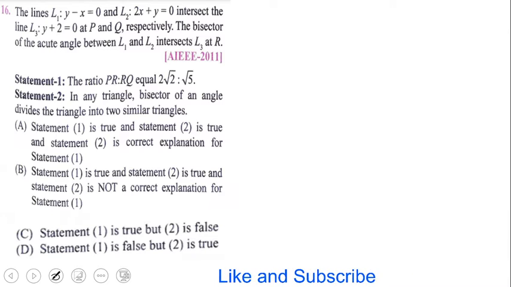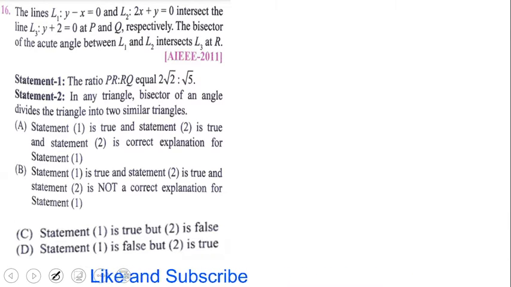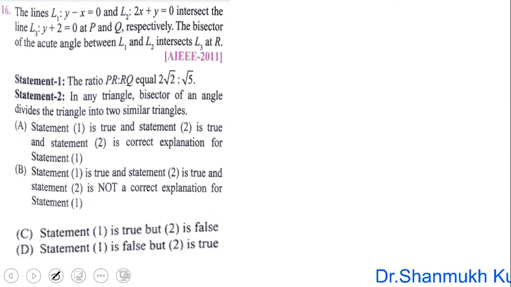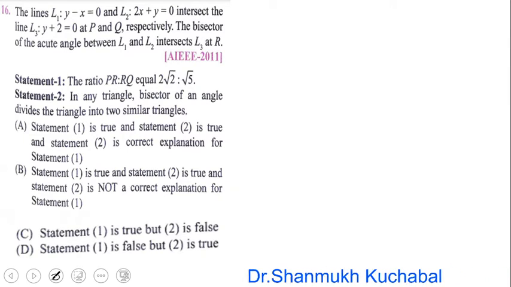Example number 16: the lines L1 is y minus x equal to 0, L2 is 2x plus y equal to 0, intersect the line L3, y plus 2 equal to 0, at P and Q respectively.